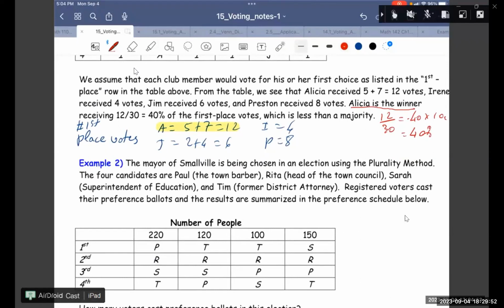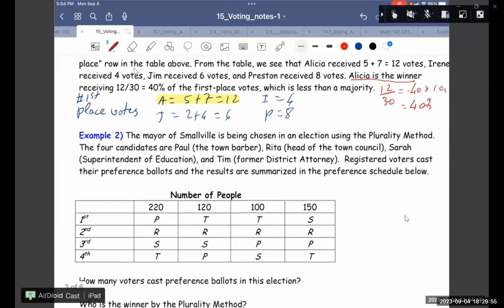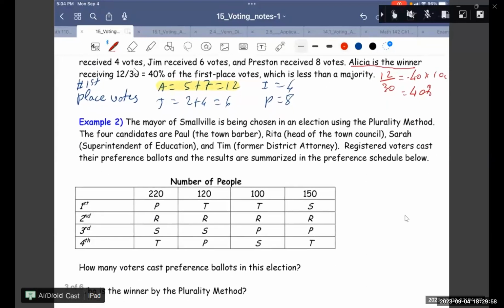So now, for example, number two. We can see this. The mayor of a small town is being chosen by election using the plurality method among four candidates. The candidates are a retired teacher, a realtor, Sarah the superintendent of education, and Tim the former district attorney.